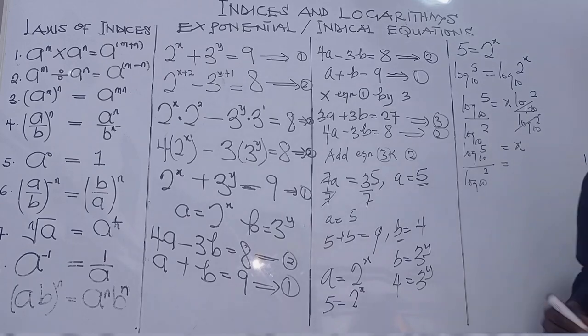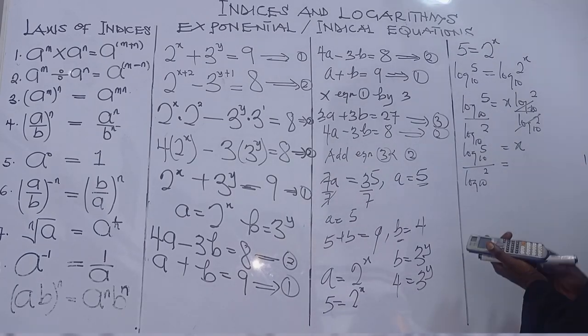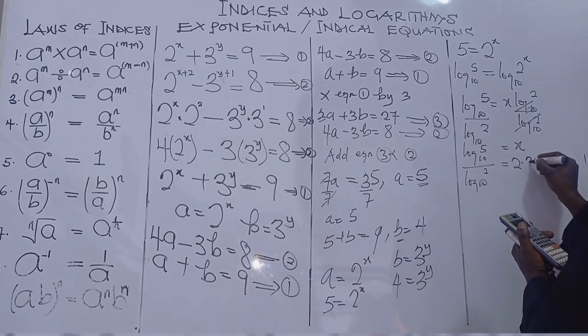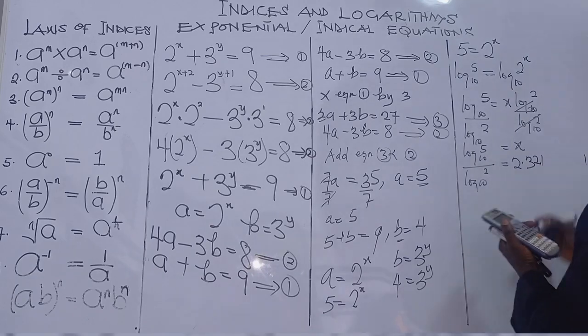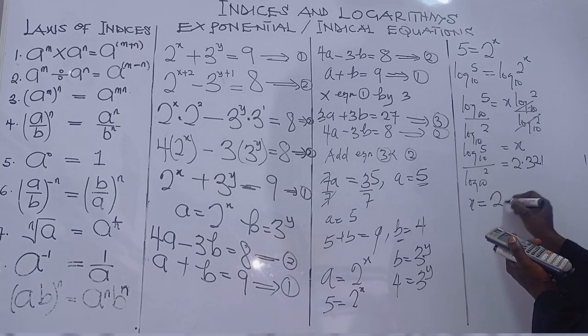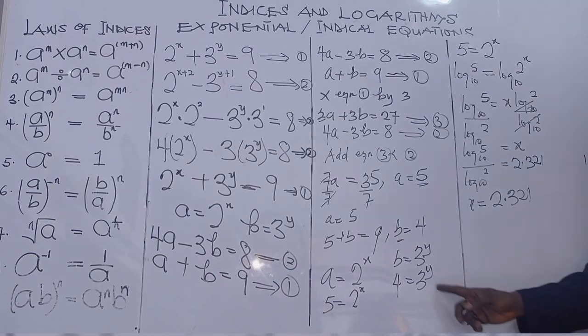Now when you punch it on your calculator, we have 2.321. Let's leave it to 3 decimal places. So the value for x is equal to 2.321.